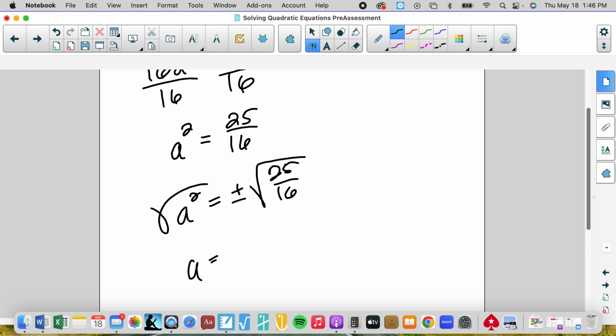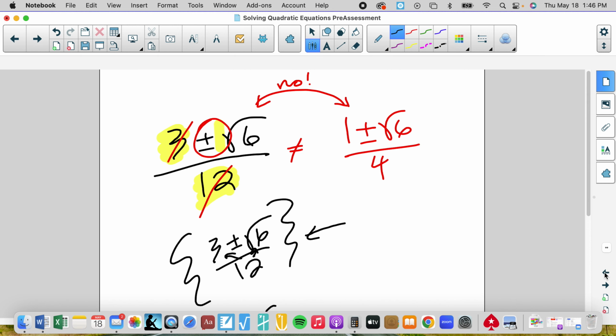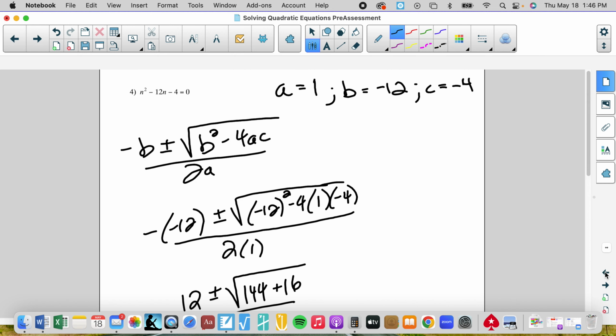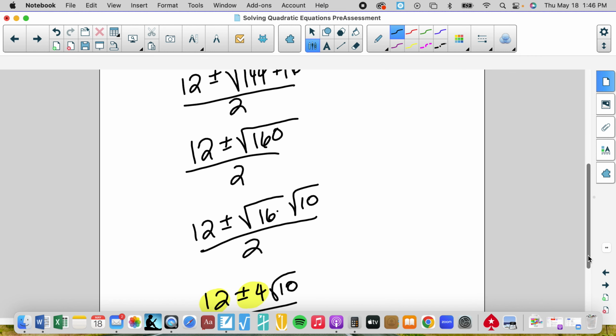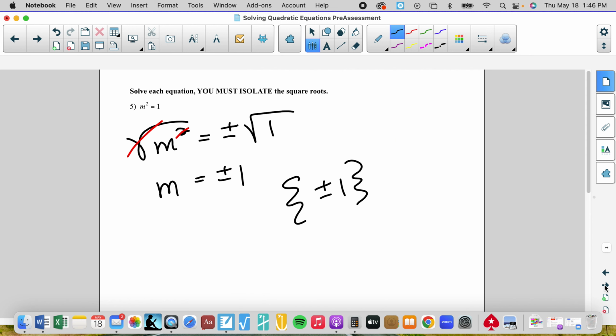That equals a. And much like when we broke down our 16 here, where's our 16? I think it was right here. How we broke down the square root of 160. We can break things into multiplication in their own house. That's legit. We can do that. We can also do it with division.